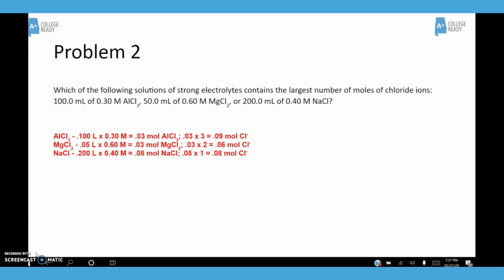And so that's where I remind my students. That's a misconception that I typically see with my students: they forget that last step of multiplying by the subscript, the number of ions of chlorine in the compound. So hopefully you've seen this problem as well. You understand that, and then you can address that with your students.